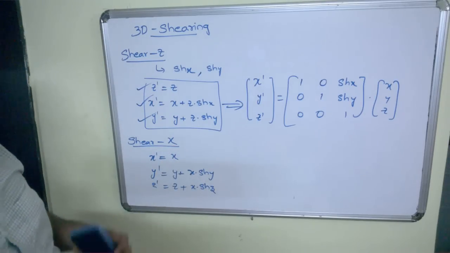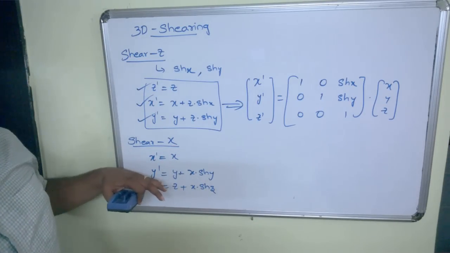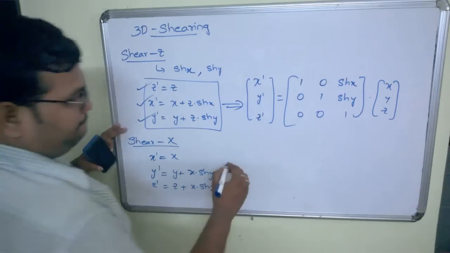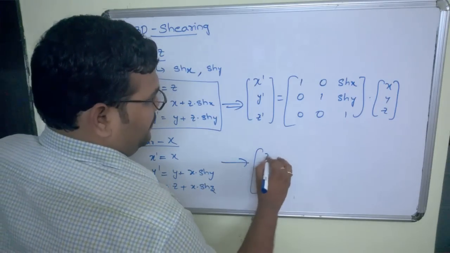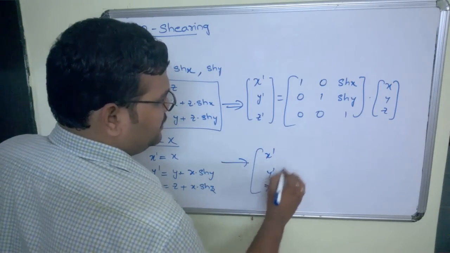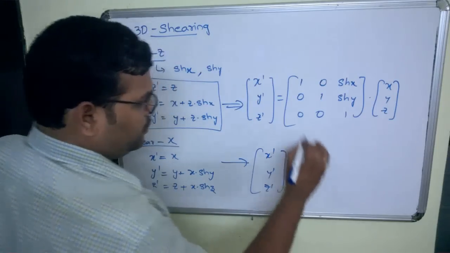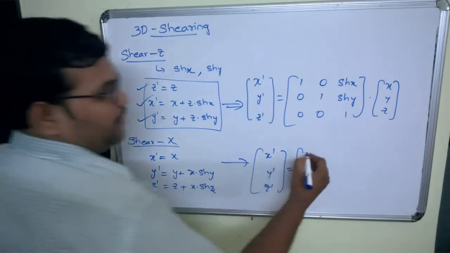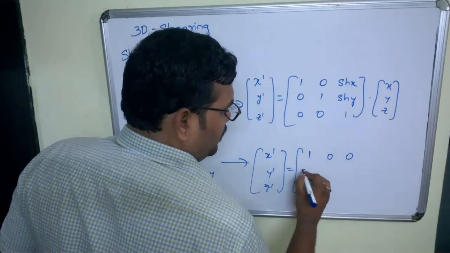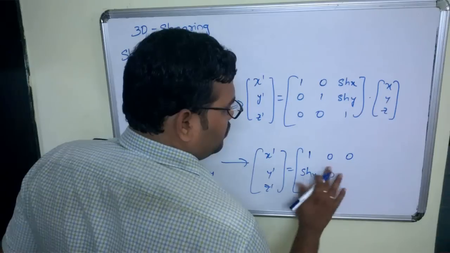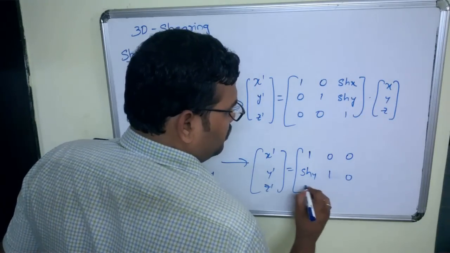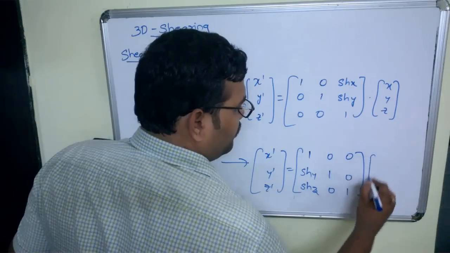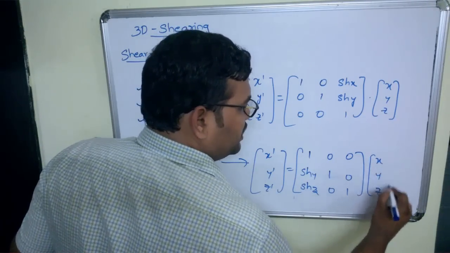Now let us write the matrix representation for this formula. x', y', z' is equal to, so x' is equal to x, so it will be 1 0 0, shy 1 0, shz 0 1 into x y z.